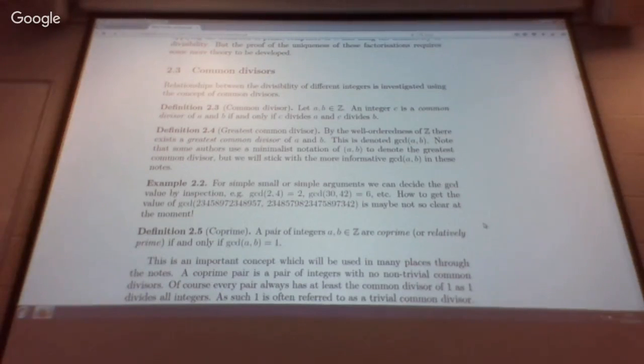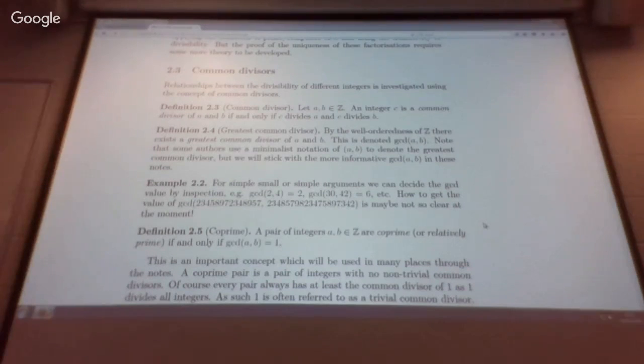The prime factorization of 75 is 3 times 25, so it's 5 squared times 3. And 45 is 3 times 15, so it's two 3s and one 5.